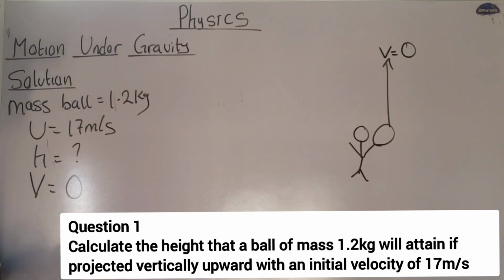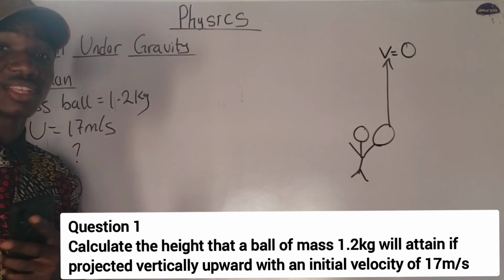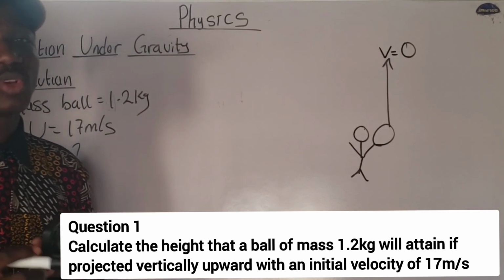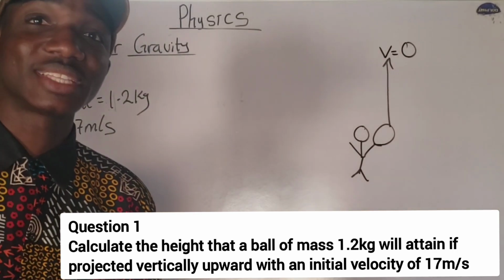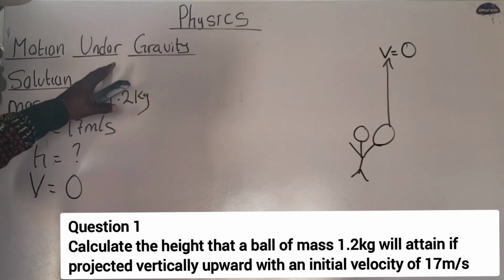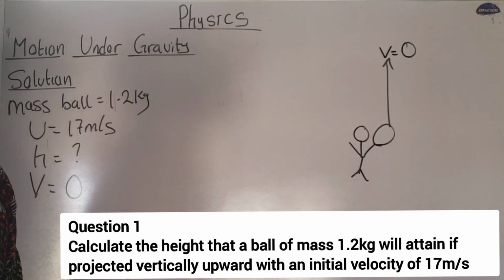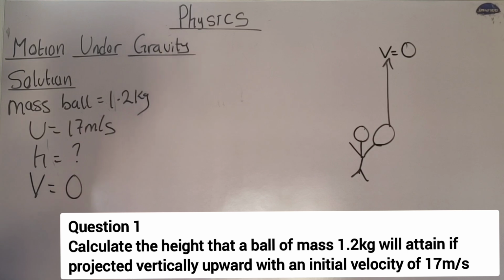In the question, we are not given the acceleration due to gravity. Whether you are given it or not, just know that anytime you are dealing with motion under gravity, the acceleration due to gravity is 10 meters per second squared.